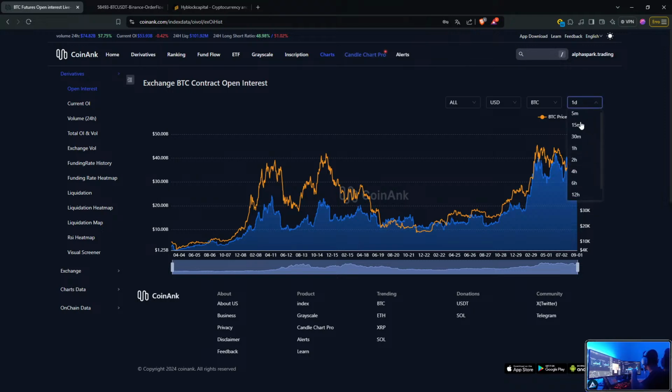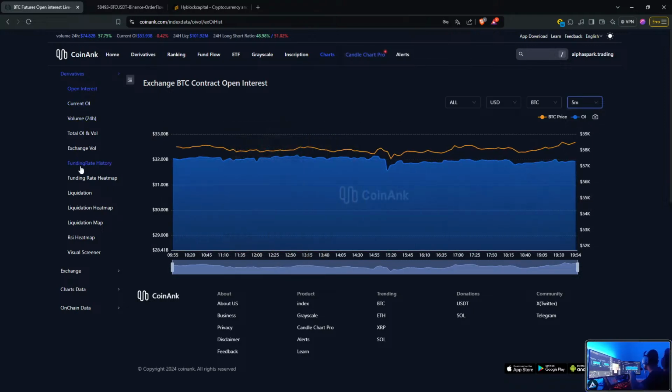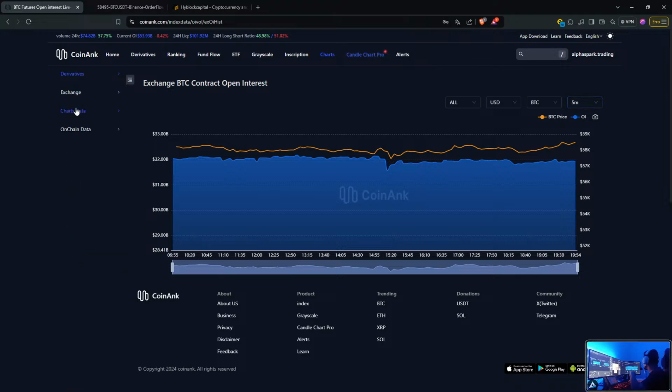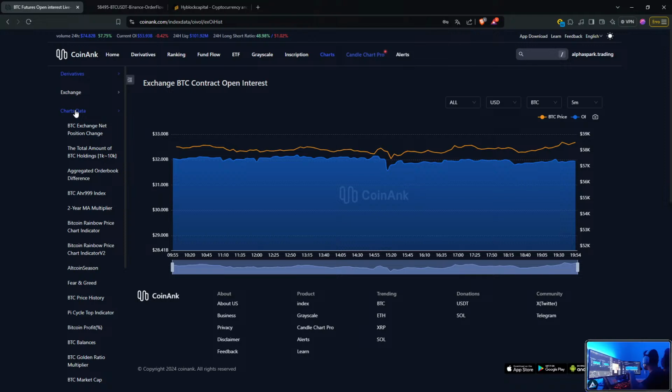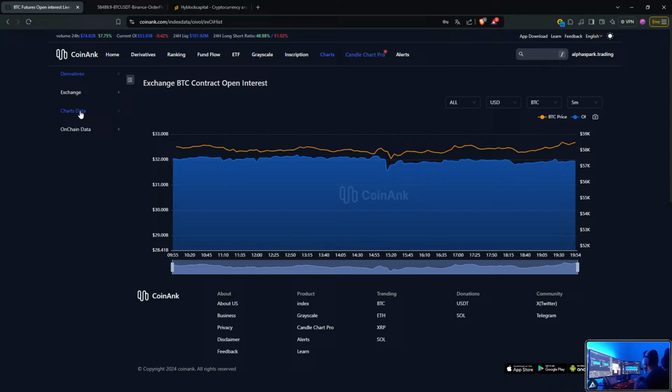There are some exceptions like open interest that go as low as 5 minutes, but a big number of the options that you have here are going to be like 1 hour or 4 hour and above, because again, it's for you to have a feel for the market in terms of overall sentiment. So for people like me as a day trader or a scalper, it's not exactly useful. That's why I don't focus on it too much.